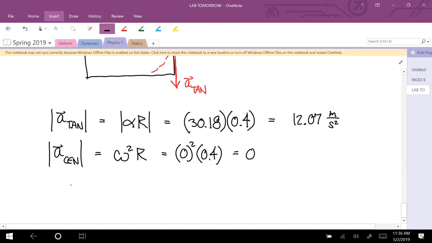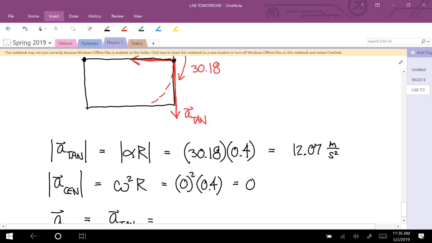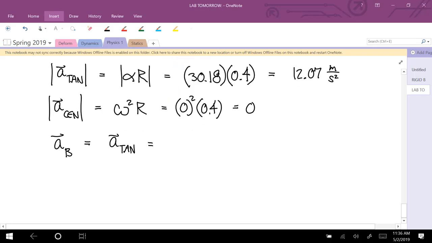And so the total acceleration of that point B is the tangential acceleration, and that is a magnitude of 12.07 acting in the negative y direction. And so that's 0, negative 12.07.